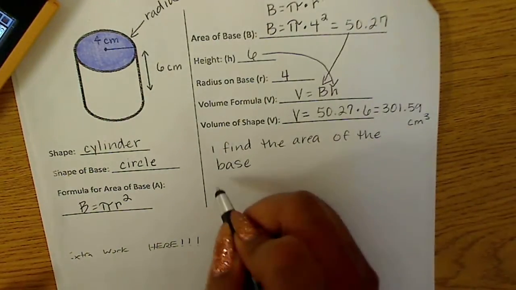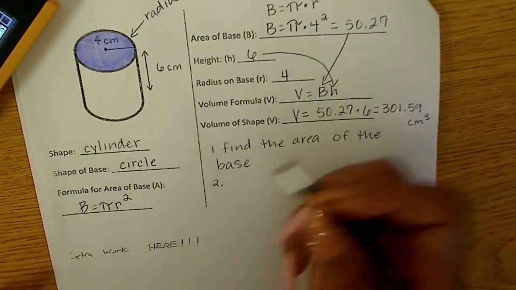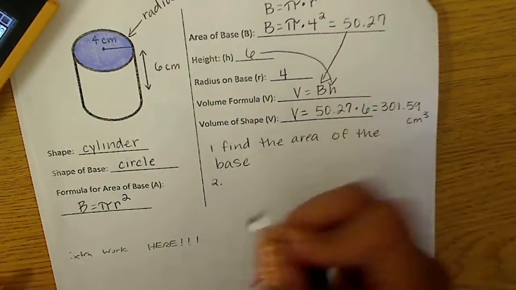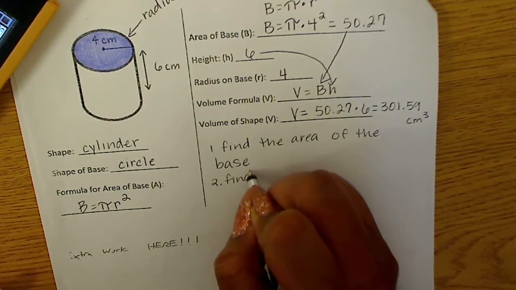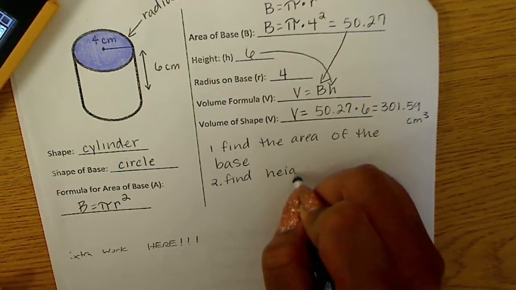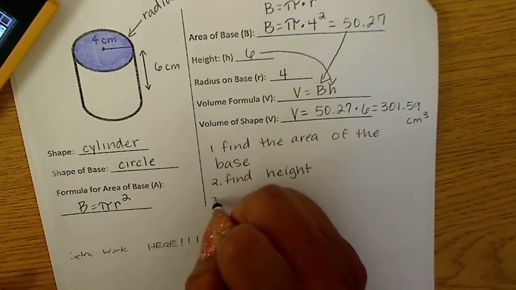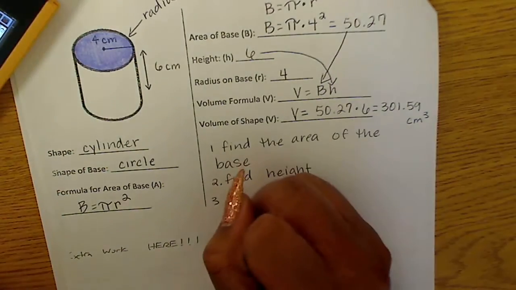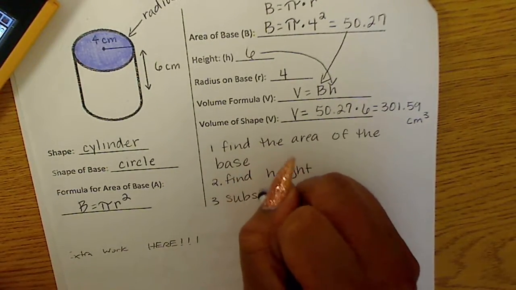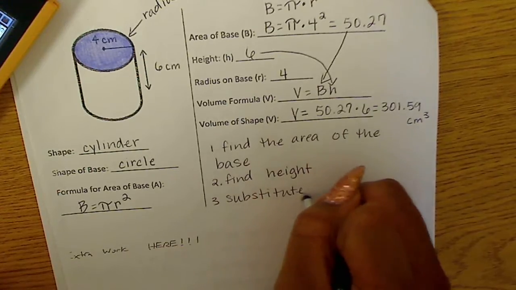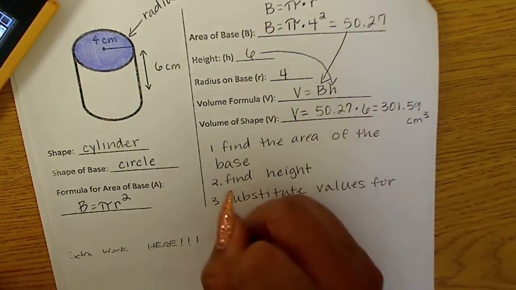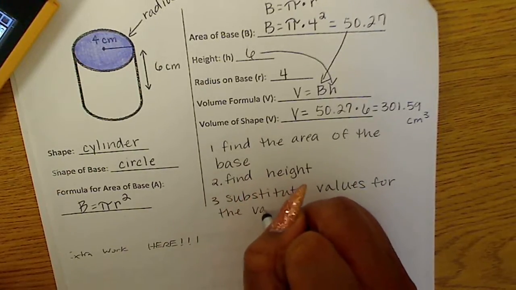So we found the area of the base. We found the height. And we substitute values for the variables.